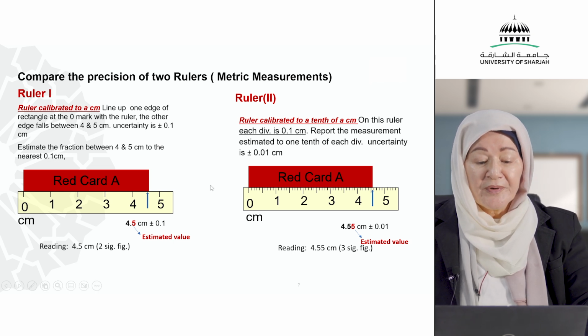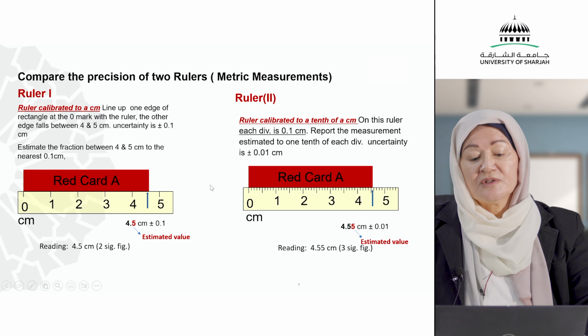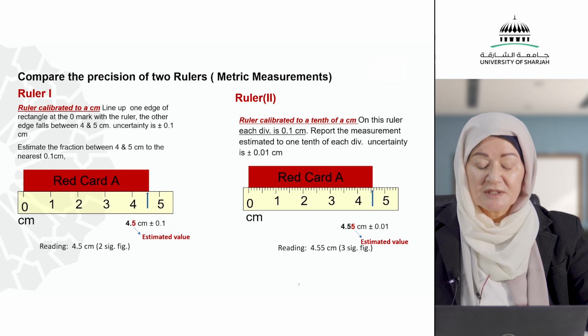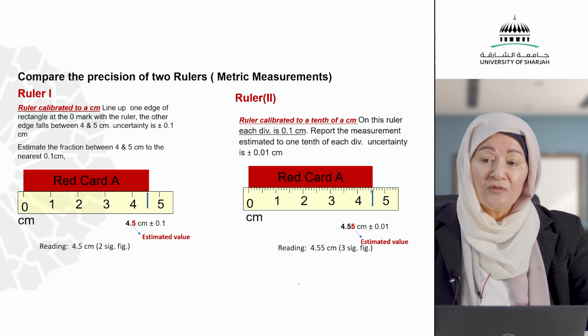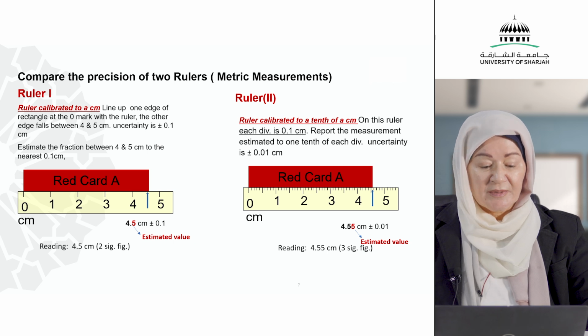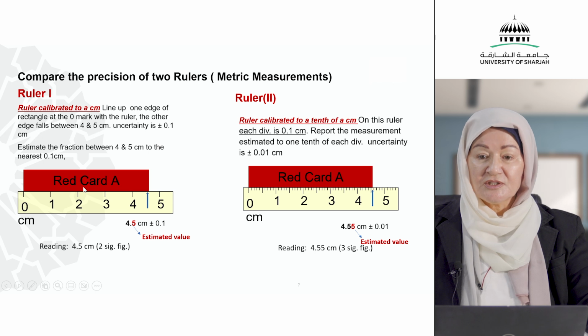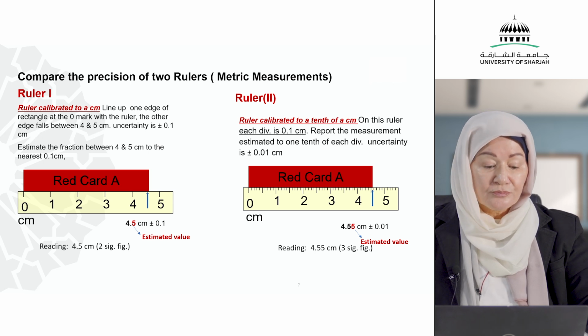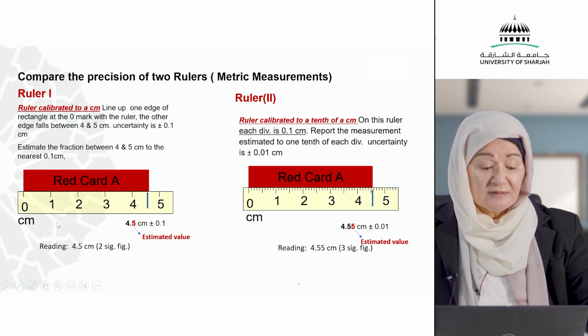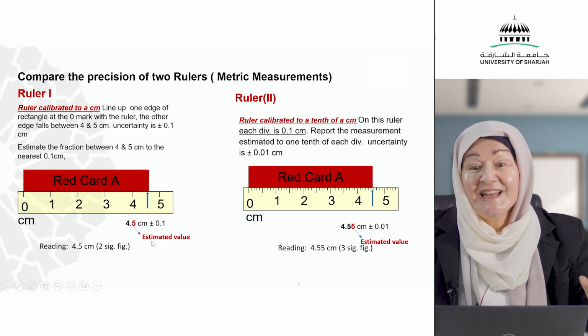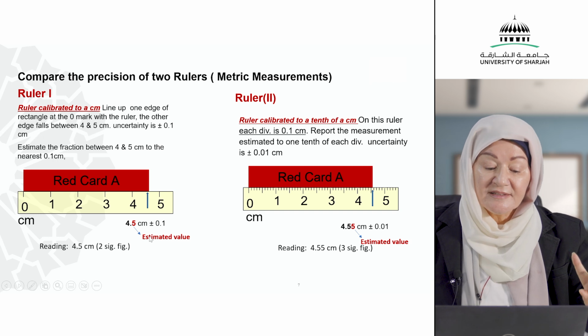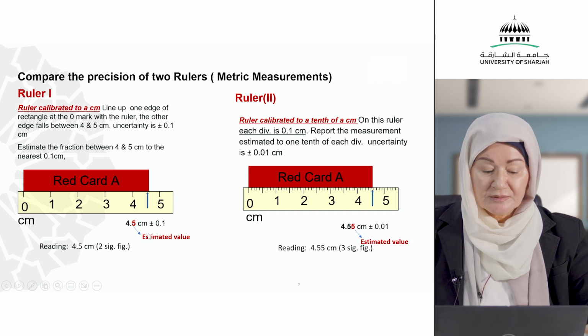Here I'm going to compare the precision of 2 rulers. Metric measurements. I was talking before about volumetric measurements. Now metric measurements. For example, I have a card here, a red card, and I'm using a ruler in which I estimate the first decimal place.